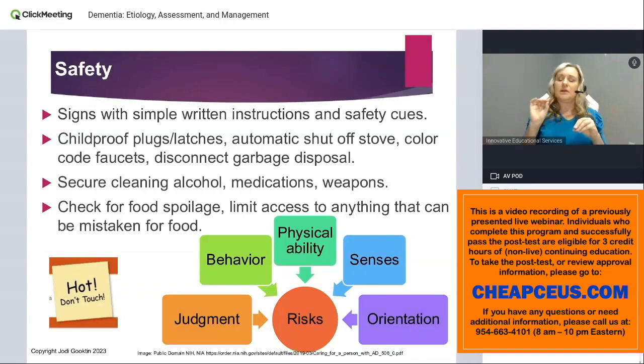So look at lighting, look at mirrors, like I said, shiny things on the floor may be confusing. Maybe signs that say out of order, broken, closed could be helpful for safety. Keep chemicals, perfumes, cosmetics, anything that the person may put in their mouth and mistake for food, keep those out of the way.